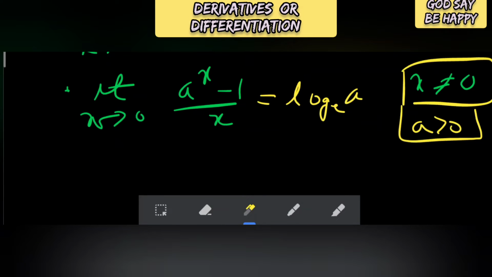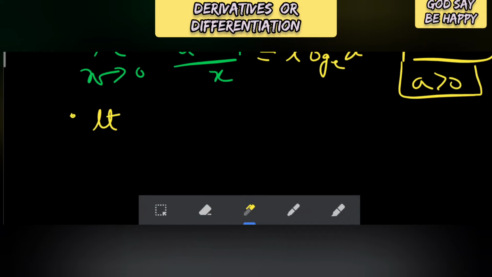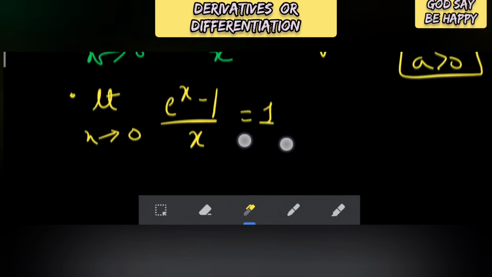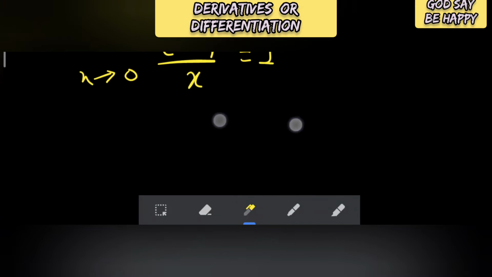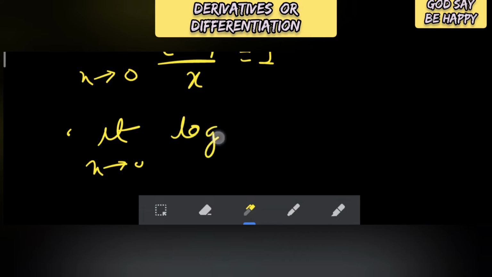And now we have limit x tending to 0, (e to the power x minus 1) upon x equals 1, and the final one that we have is limit x tending to 0, log e (1 plus x) upon x equals 1.